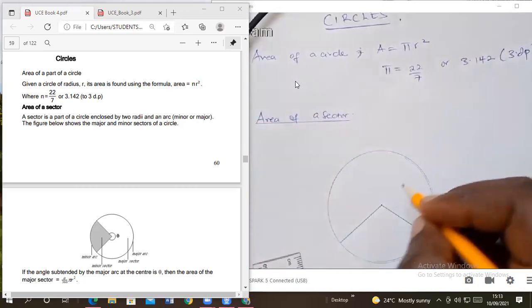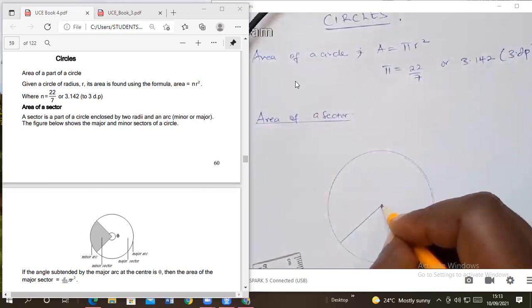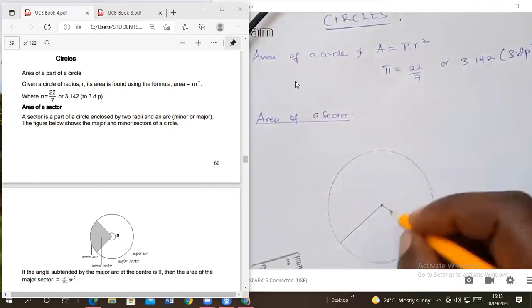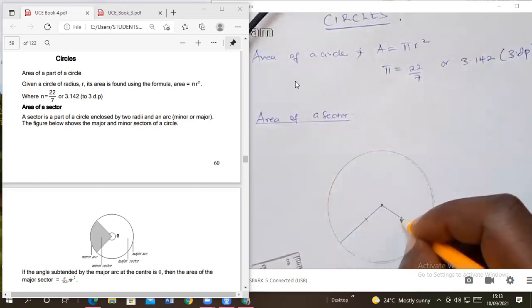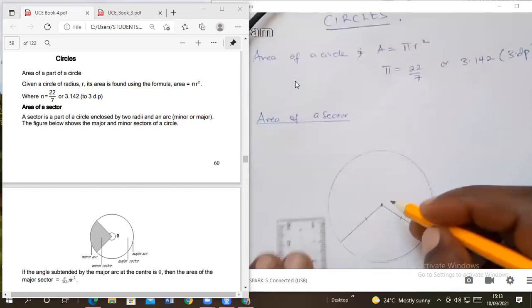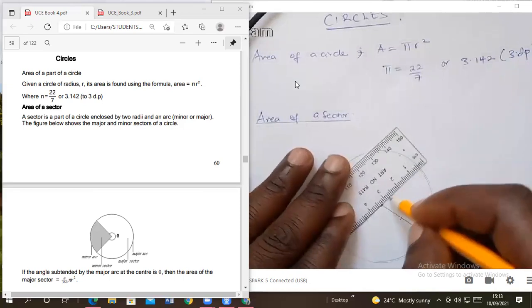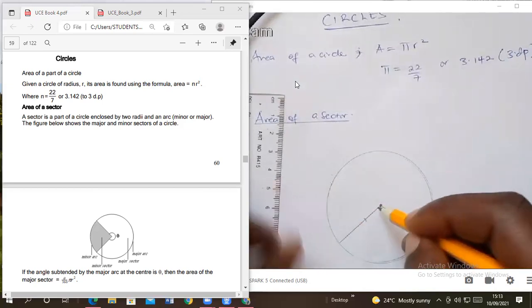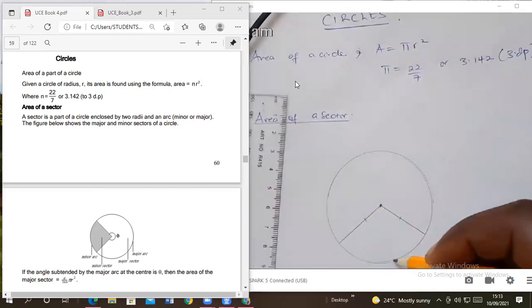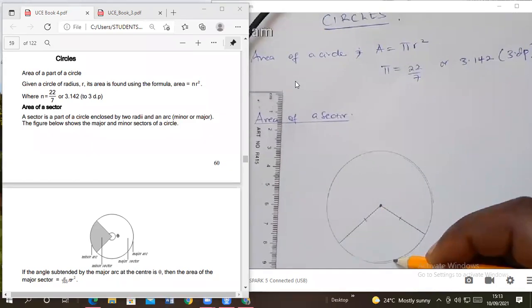And they are equal because they are radii. So the radius is the same. As long as this line drawn from the center is touching the arc, it is always of the same length with the other lines coming from the center touching the arc of the circle.